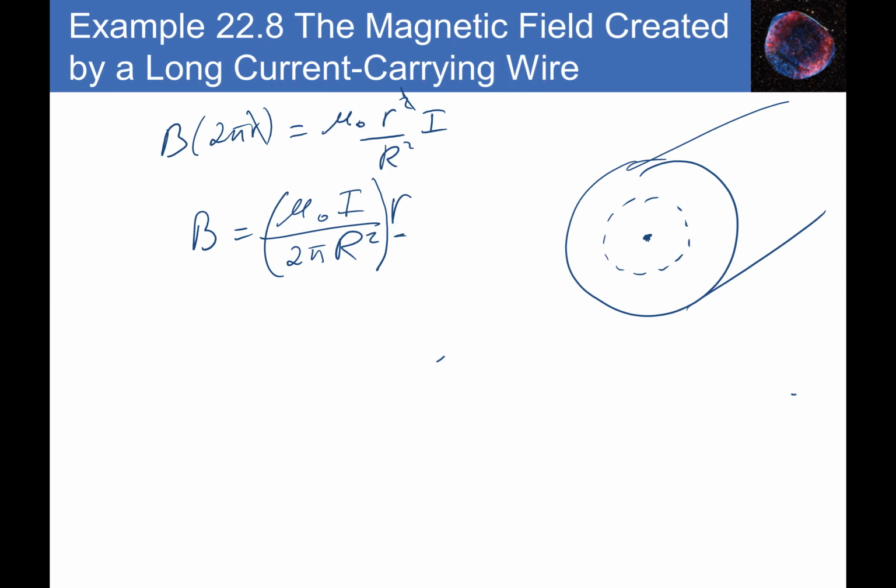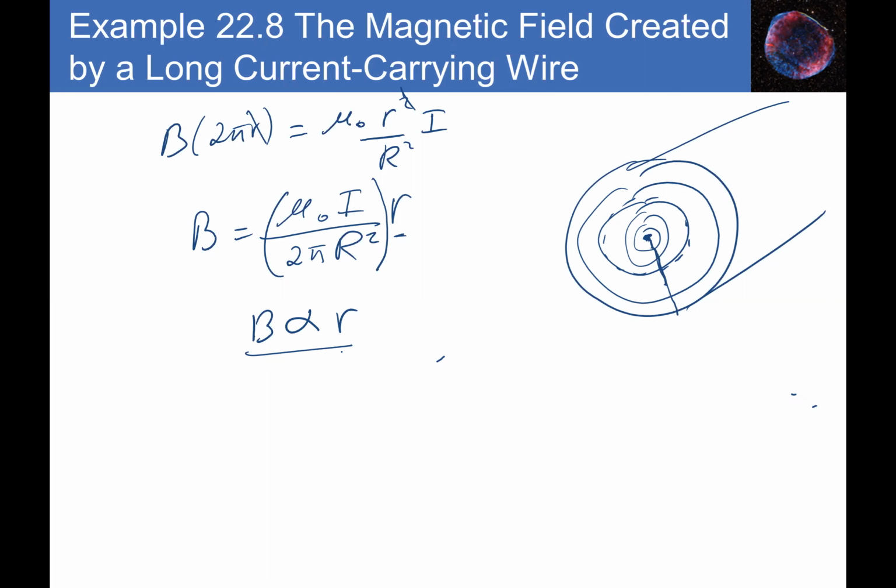As I increase my R, B is directly proportional to R. Here's my Amperian loop, here's my Amperian loop, and as I increase it, the B equivalently increases with the R. That means there's a direct linear proportionality between the magnetic field and the distance from the center.